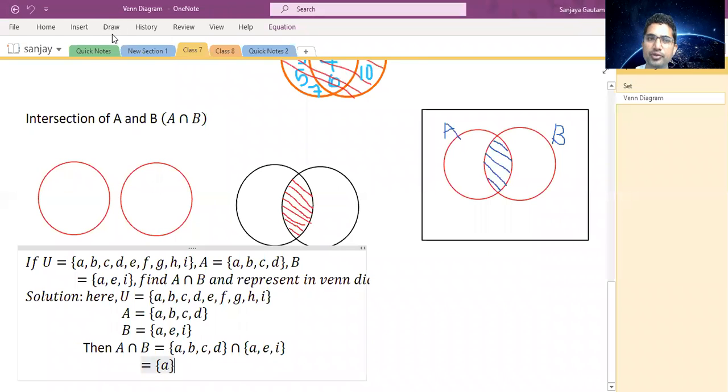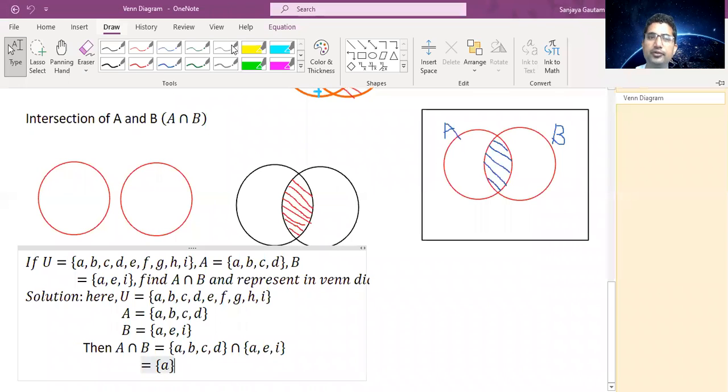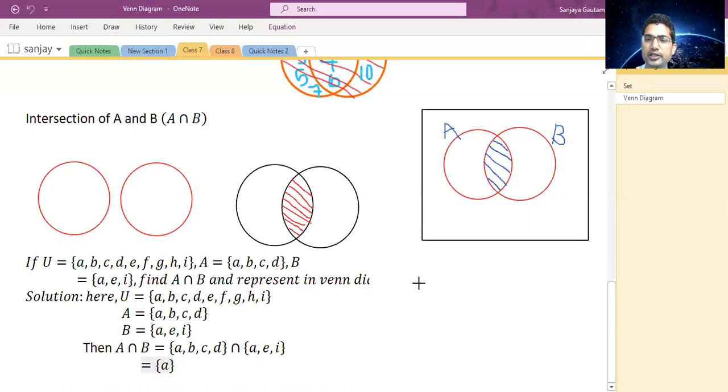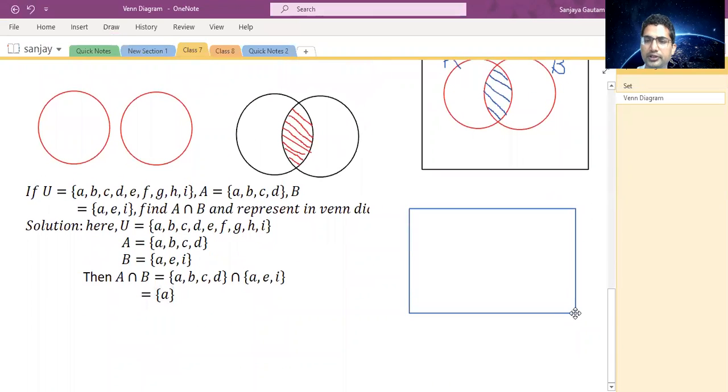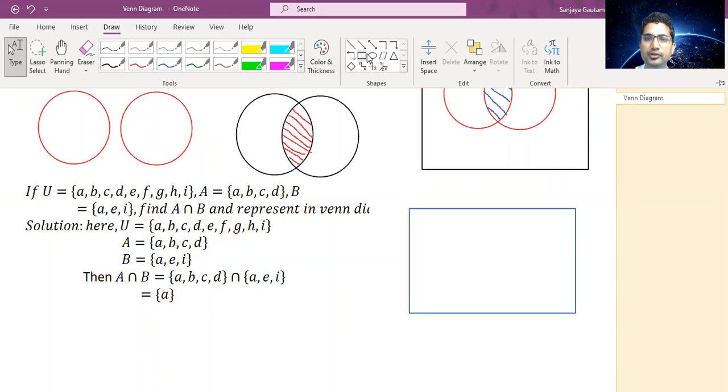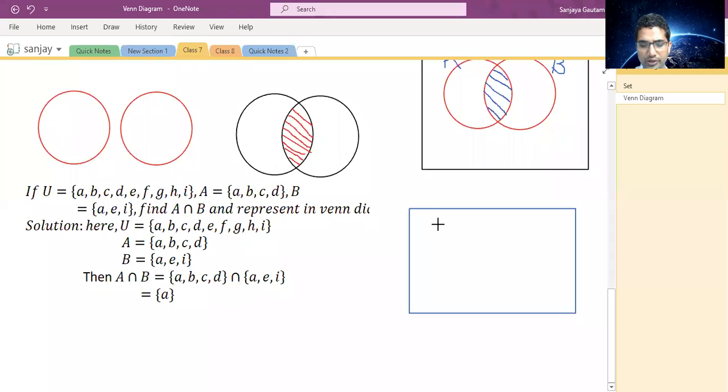If no universal set, no rectangular box. In our condition there is a universal set, so we are going to draw a rectangular box. Is it? So the rectangular box is drawn. So now we need two circles or two oval shapes.